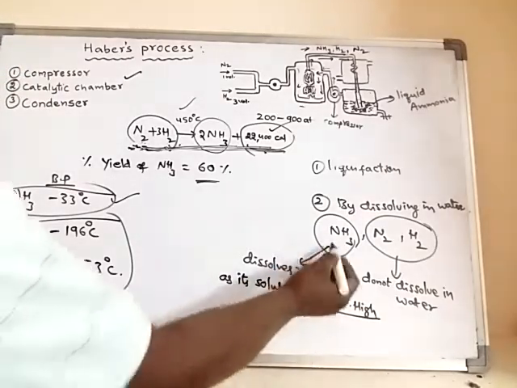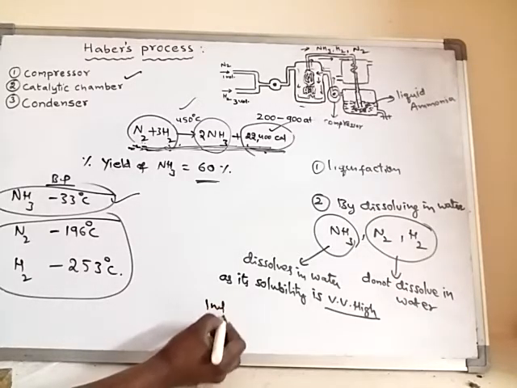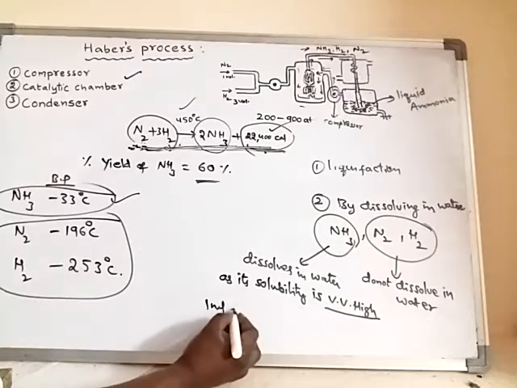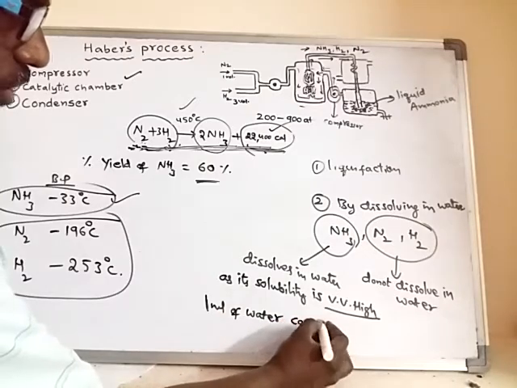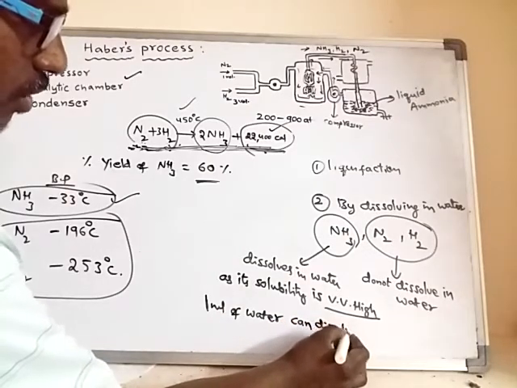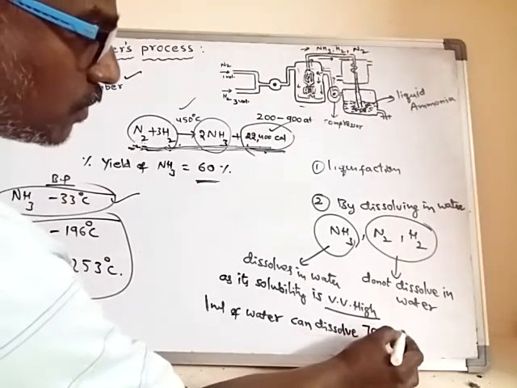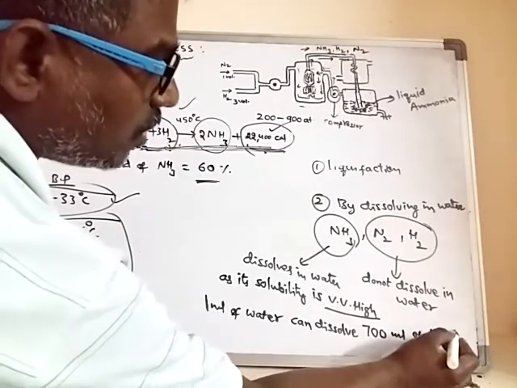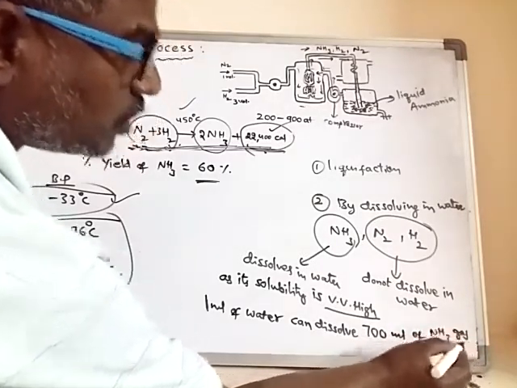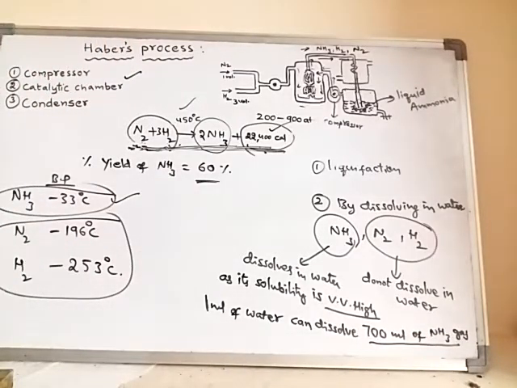So how much ammonia is soluble? Do you know? Remember, every 1 milliliter of water can dissolve 700 milliliters of ammonia gas. So that much soluble is the ammonia gas.